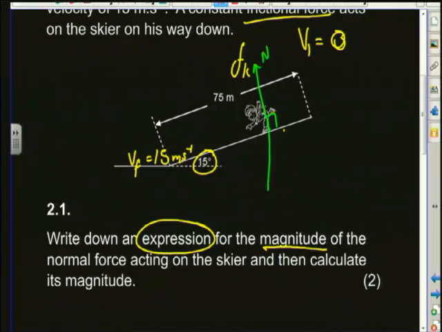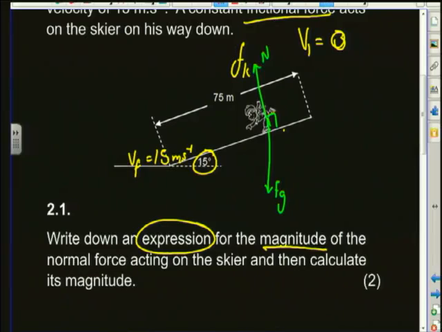Gravity acts down, okay? Now, the normal force in this case is not the same as the one we did in the last question, because in the last question, the normal force was equal to the weight of the object because it wasn't at an angle, so it was easy. Now we've got an angle, which means we've got to use components.